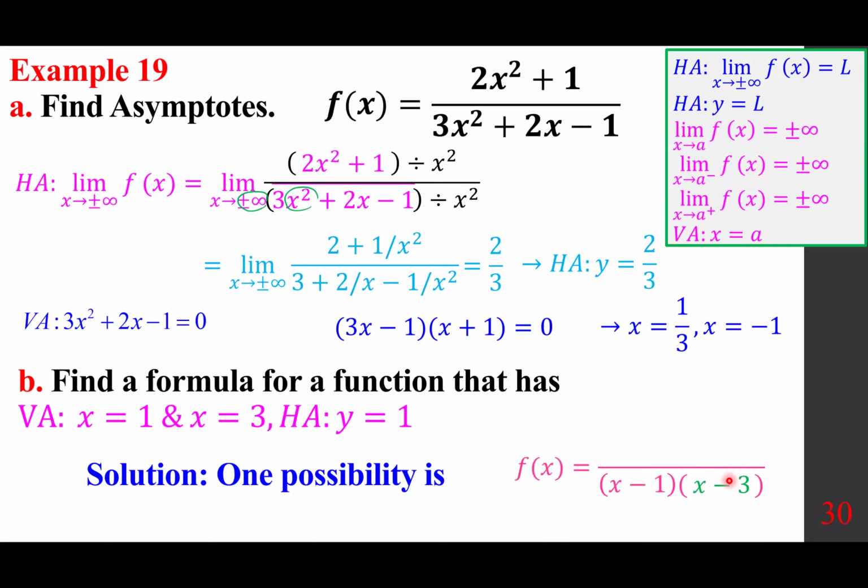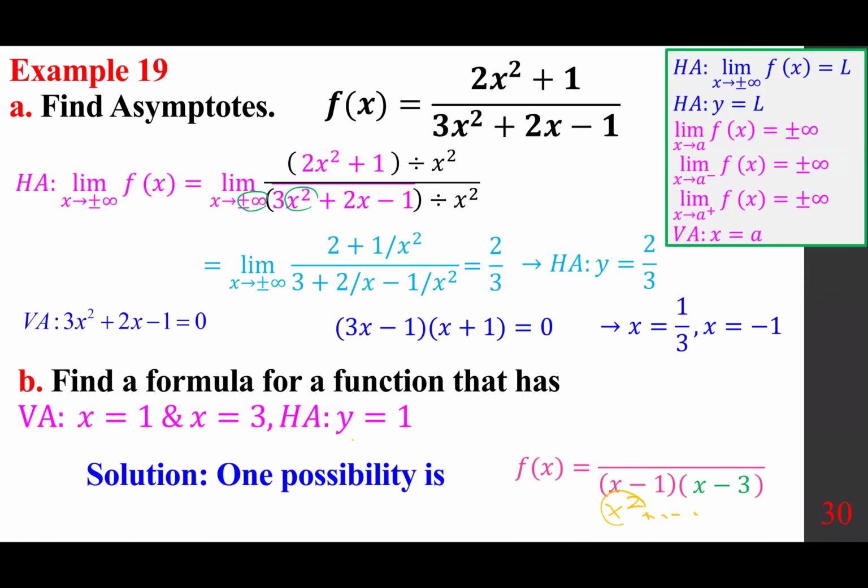Now, as you can see, the denominator is x squared, and the rest is not important. But the first term, the leading term, is important.